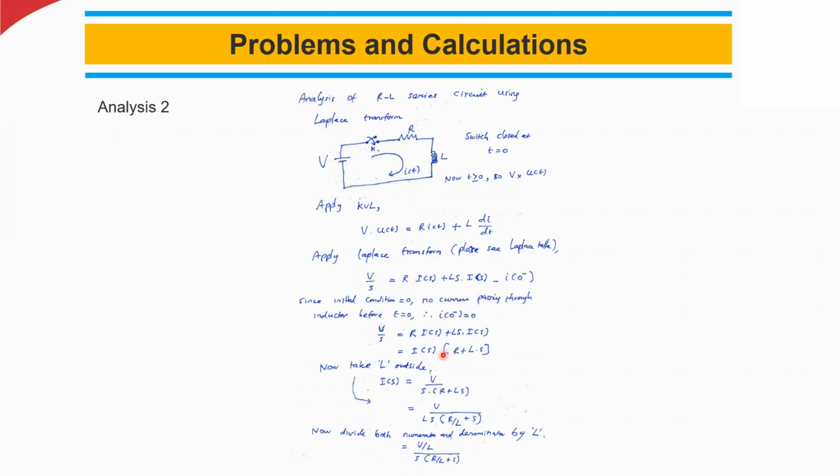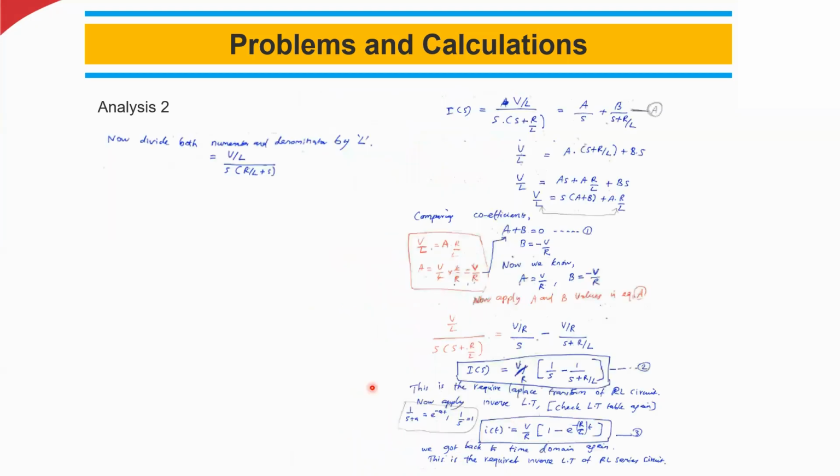I have only this term, and then I rewrote the same equation. Of course I used the partial fraction method. I introduced two variables a and b and found their values using pure mathematics. Then finally I found the equation I of s, and now I can easily apply the inverse Laplace transform and convert back into the time domain. That's all about this analysis.